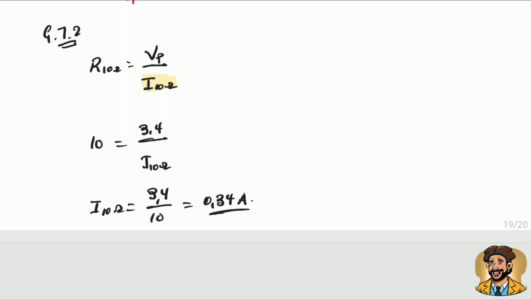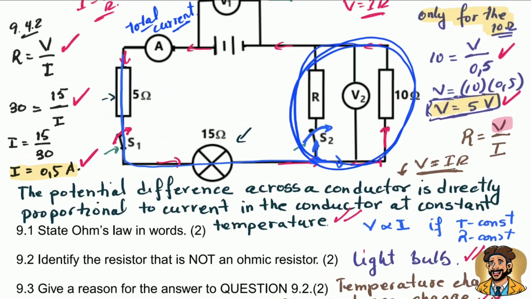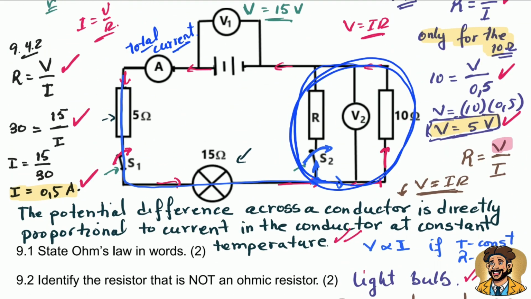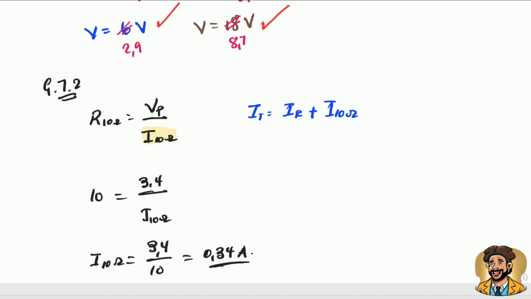How do we know that? Total current is equal to the current that passed through R plus the current that passed through the 10 ohm resistor, because they are in parallel. The total current will come here and will split in two parts. One of them will get this amount we just calculated, and the rest of the current will go through the other resistor there.